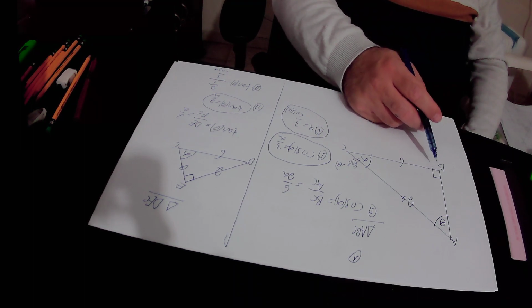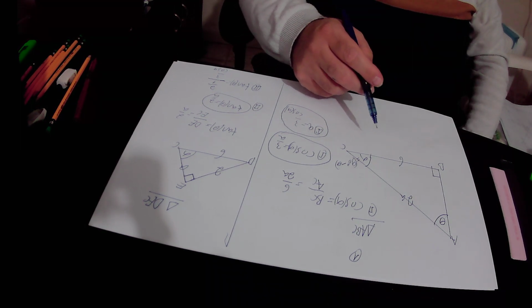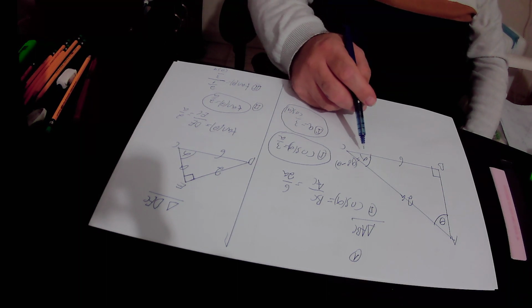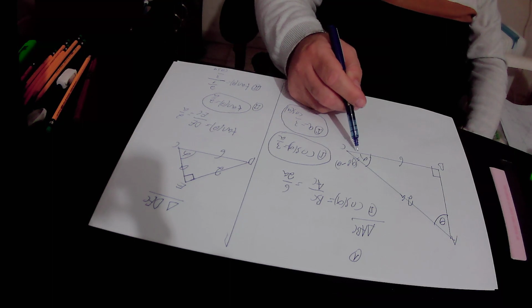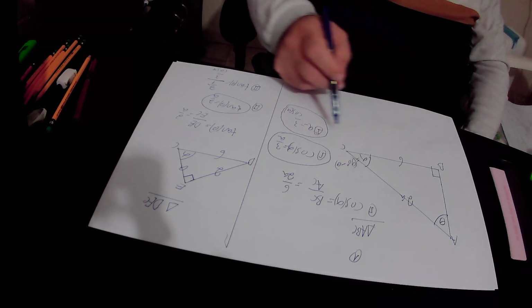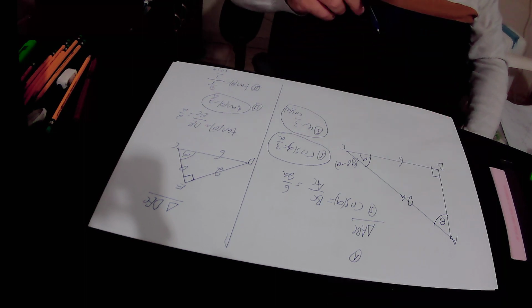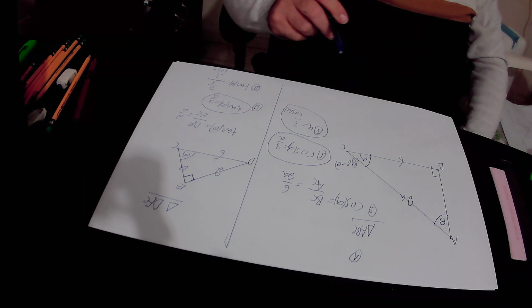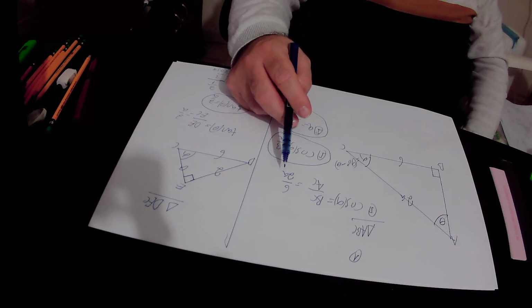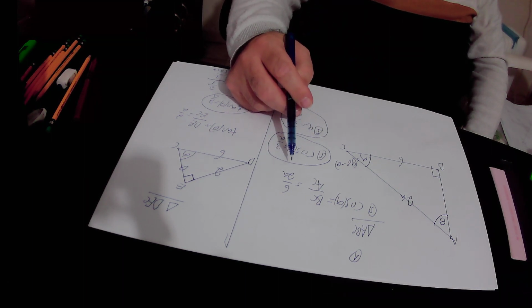So in this right triangle ABC, we defined angle ACB as alpha, so cosine alpha equals BC over AC. BC equals 6 units and AC equals 2A.